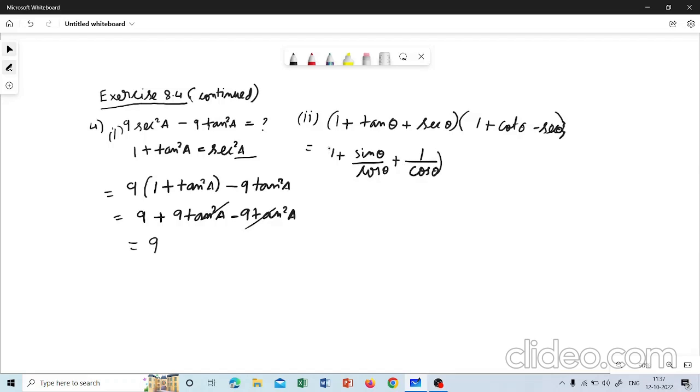So I can write it like this: 1 plus, cot theta is cos theta by sin theta, minus, sorry, this should be cosecant.